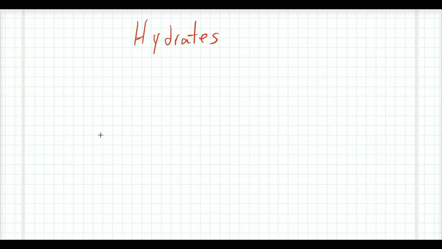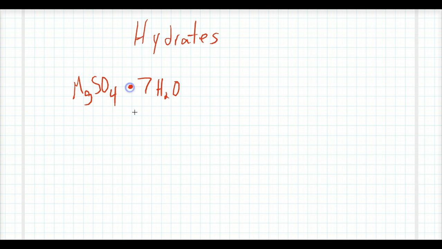Okay, and the first thing you have to know about hydrates is the way we designate it with a dot. This is a fairly popular hydrate. It's basically Epsom salts that some of us may have in our medicine cabinet. We have this magnesium sulfate, and then we have this dot.